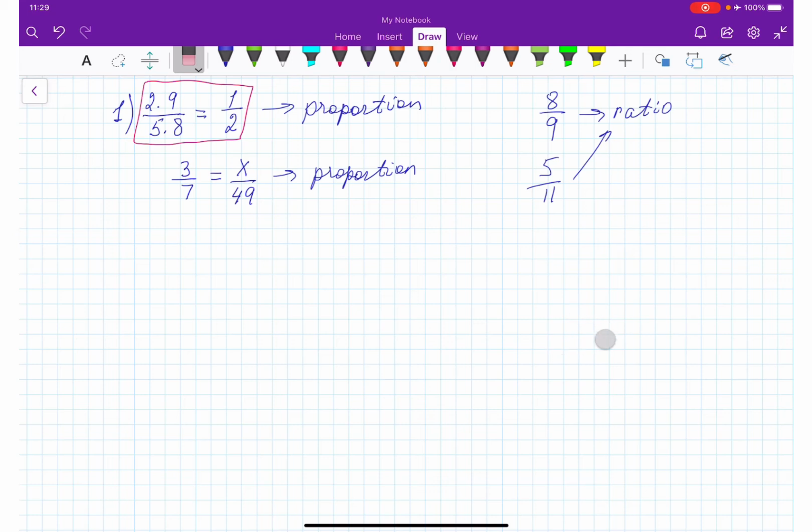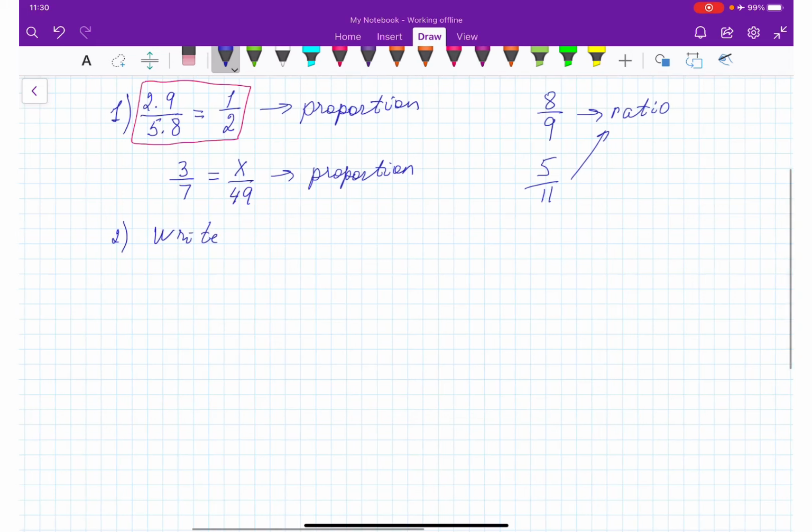Let me clean this mess. Write the ratio in fraction notation in lowest term. 4 megabytes to 23 megabytes. So we need to write the ratio in the lowest term. Okay.